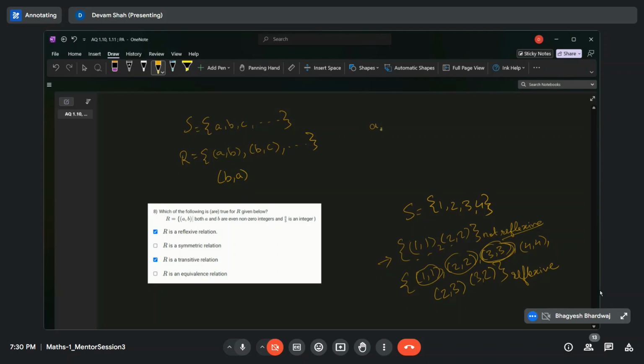That is, if A comma B belongs to R, that is this relation, then B comma A should also belong to R for sure. It's a compulsion for it to be a symmetric relationship.